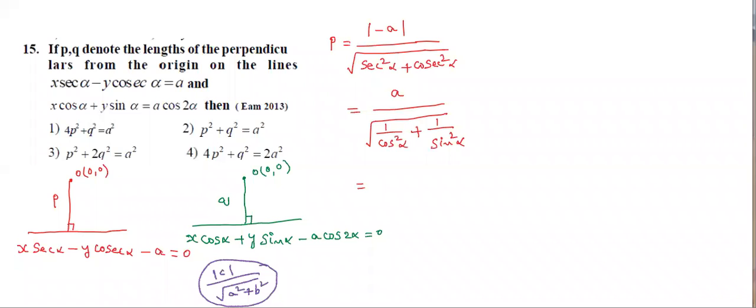In the denominator we get under root sin square alpha plus cos square alpha divided by cos square alpha sin square alpha. The LCM goes to the numerator, but the square root cancels. We get a sin alpha into cos alpha. But observe the denominator: under root sin square alpha plus cos square alpha is 1. Finally, p is equal to a into sin alpha cos alpha.